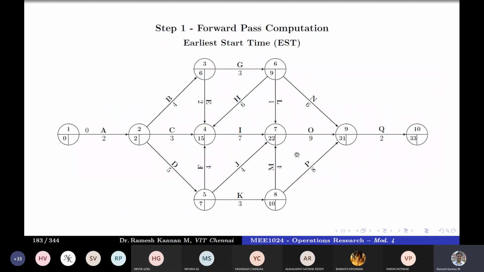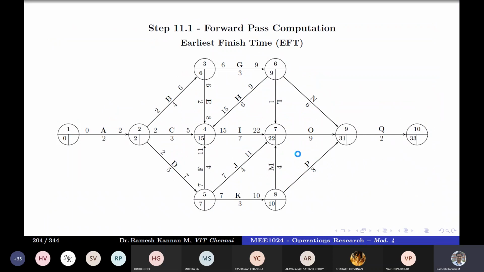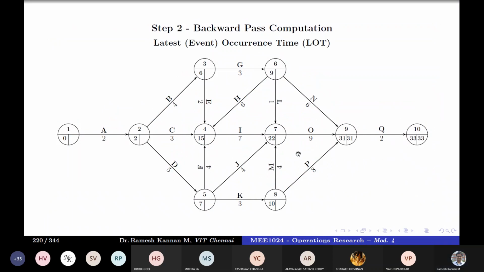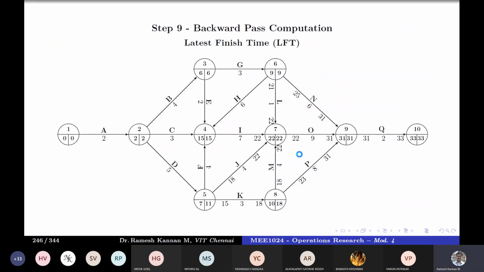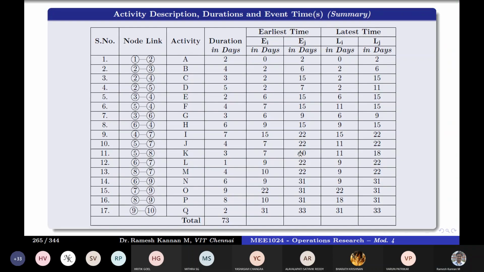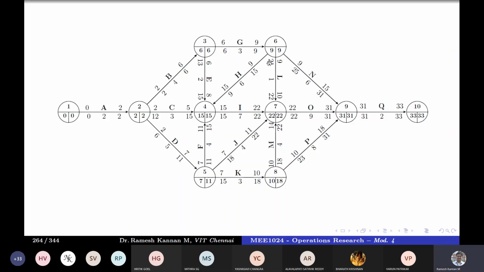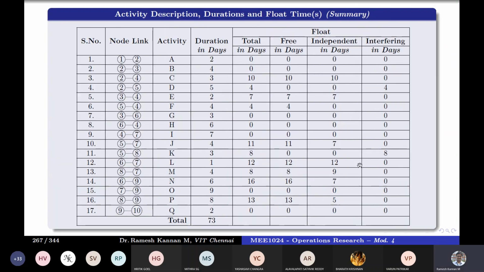If you do it in Excel, you can find out the total float using this particular table. Once you have these values, you can find Ej minus Ei minus duration, and Ej minus Li minus the duration, and total float minus free float. So that's the independent and interfering float.